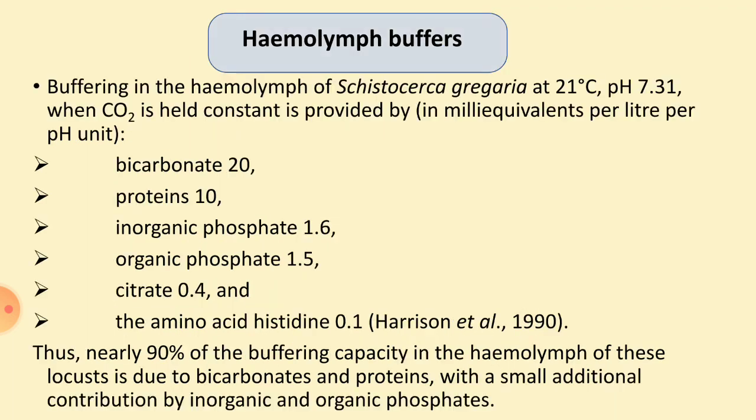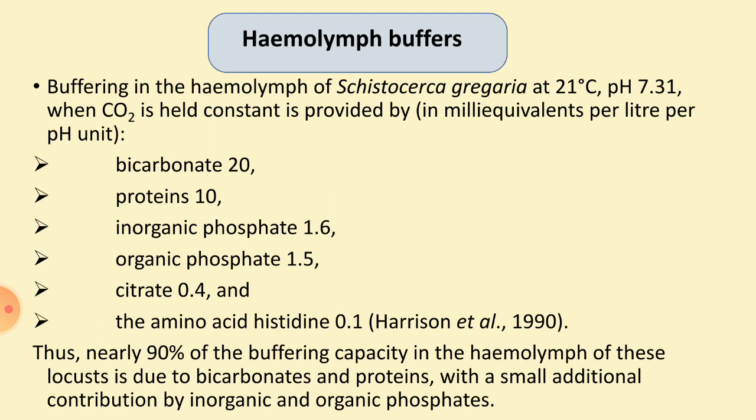Then the next is hemolymph buffers. Buffering in the hemolymph of Schistocerca gregaria at 20 degrees Celsius, the pH is 7.31.